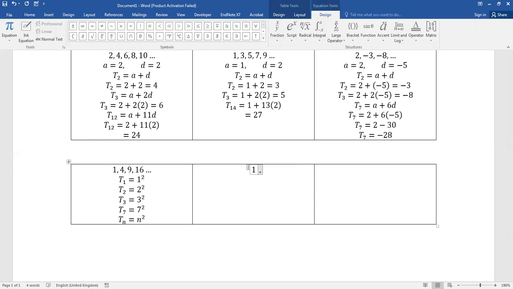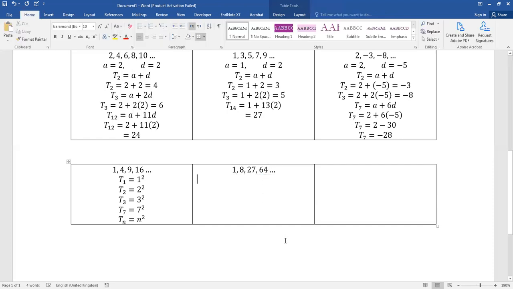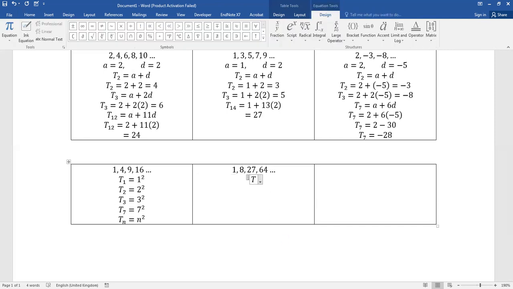Then let's see another set of terms: 1, 8, 27, 64, and so on. Again, the difference is not consistent. We cannot categorize it as an arithmetic sequence. You can see that all of these are cube numbers.